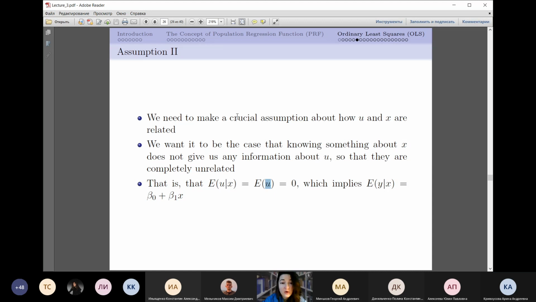And this will be a problem for the ordinary least squares method. So does it make sense? What does it mean? Okay, I hope that it's clear.